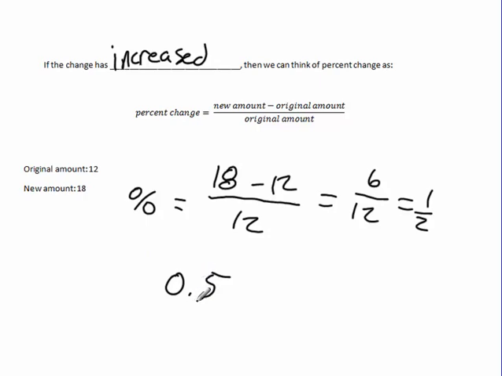Now here we have a decimal. It's not 0.5%. Moving our decimal 2 units to the right, we have to put a 0 there, so it's really 50%. So from 12 to 18, we had a 50% increase.